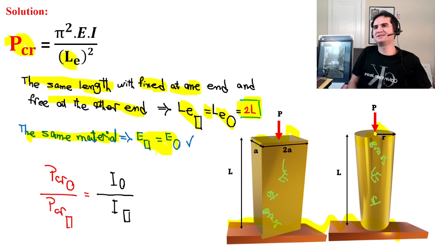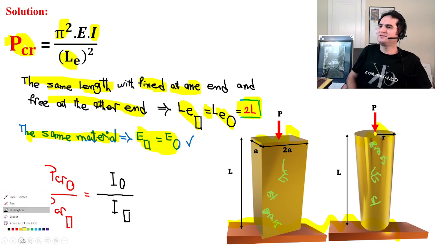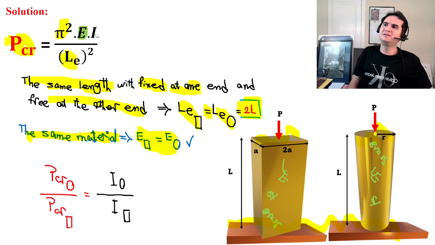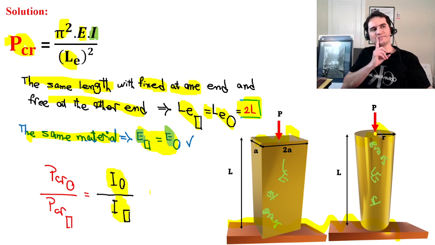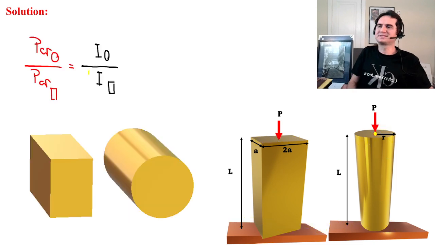Because the materials are the same, we can cancel out E. Pi squared is a constant, so we are just left with the ratio of the moment of inertia for the circle to the rectangle. Let's see how that goes.